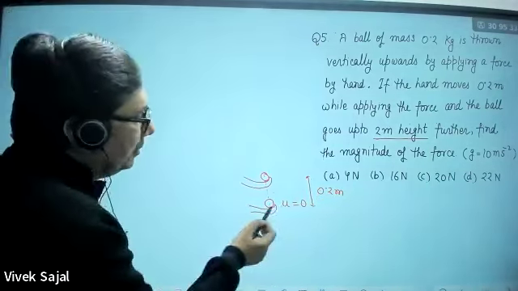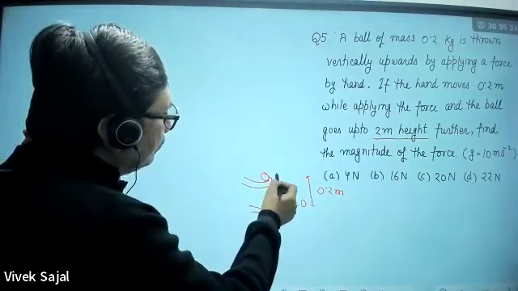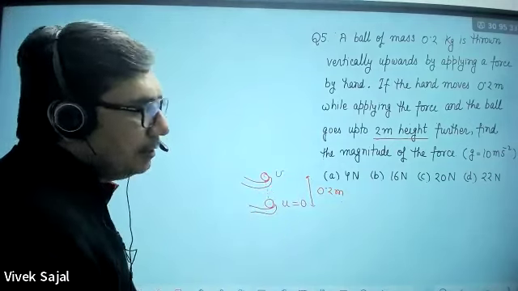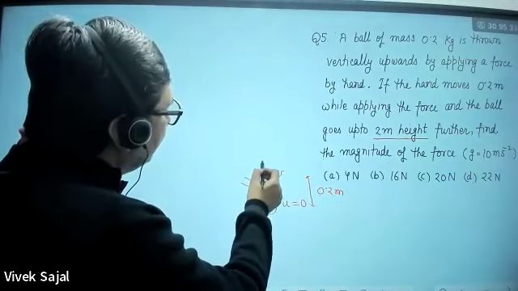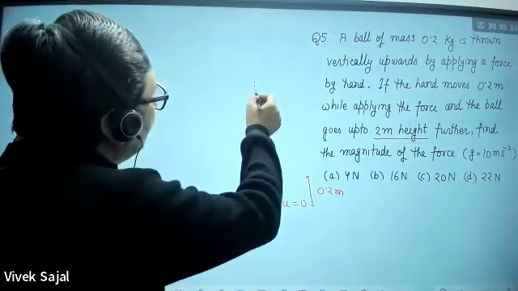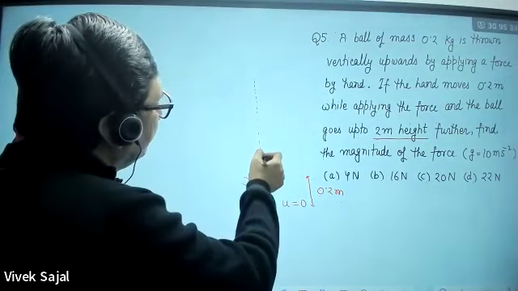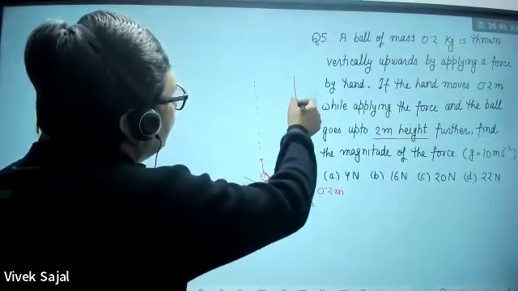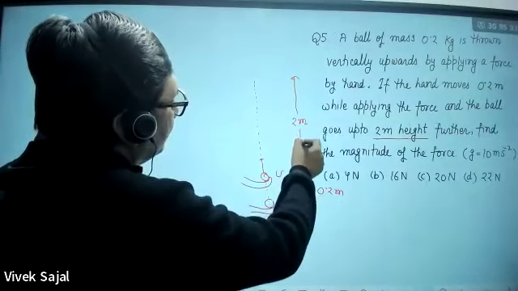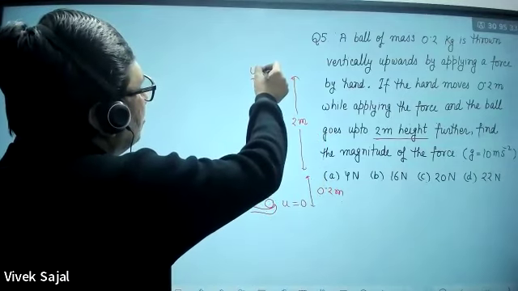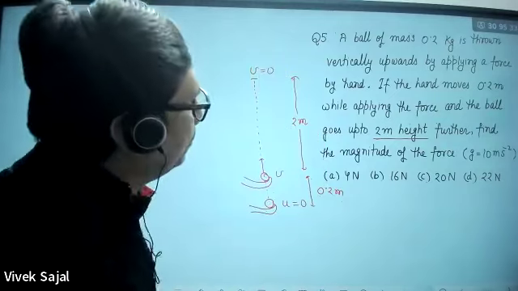Try to understand here. Now it will have some velocity v, and with this velocity this ball is thrown, and with this velocity this ball goes up to a height of 2 meter. So this is 2 meter here, and this v will be 0 at the highest point.